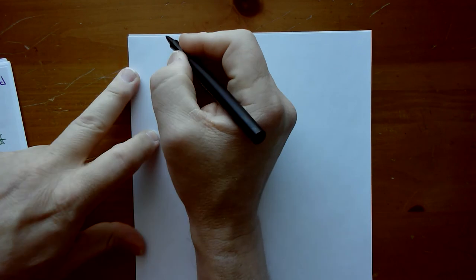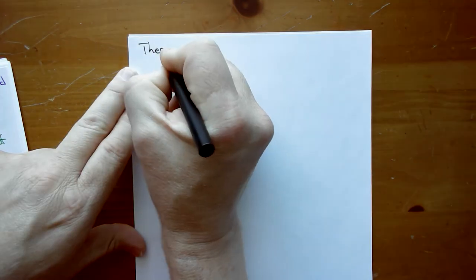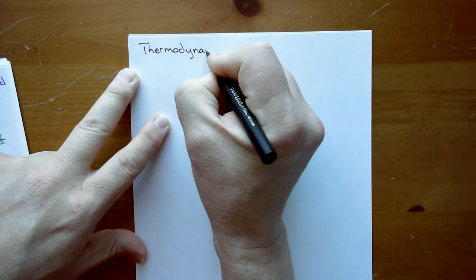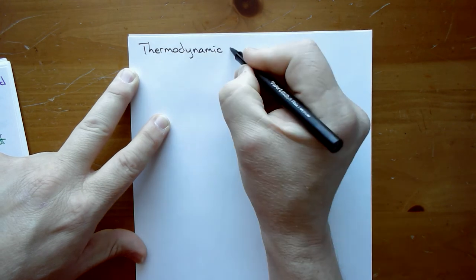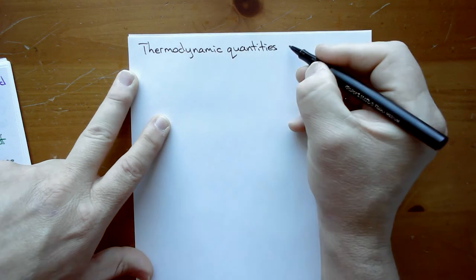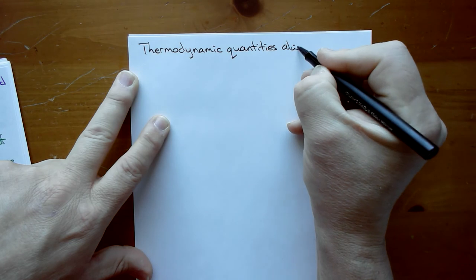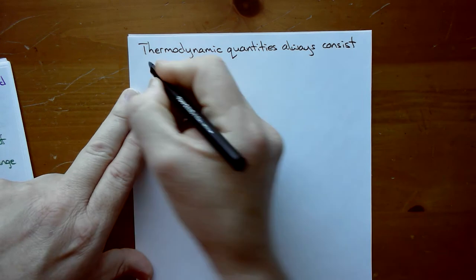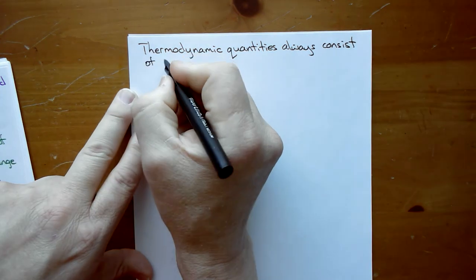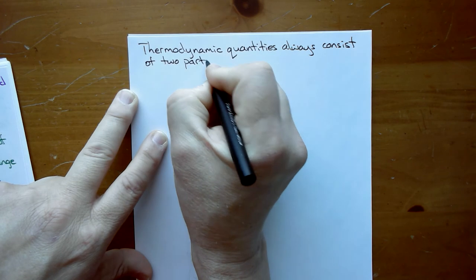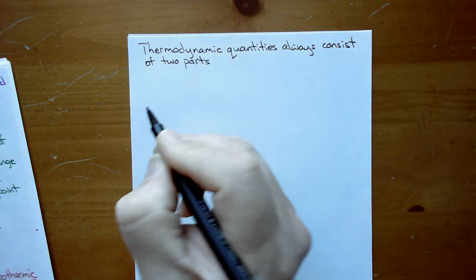Now, just a reminder, this is really important: thermodynamic or thermochemistry quantities always consist of two parts. And if you miss a part, you get it wrong. You have to have both parts. So two parts.